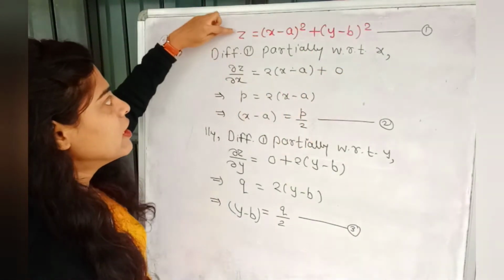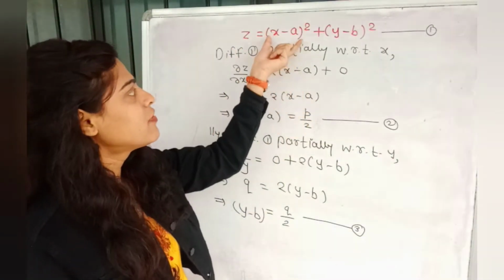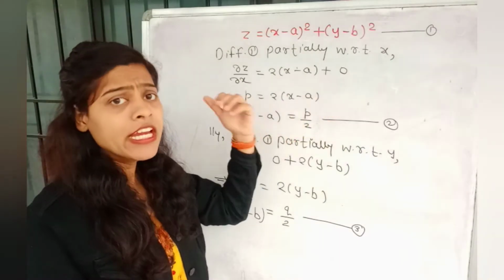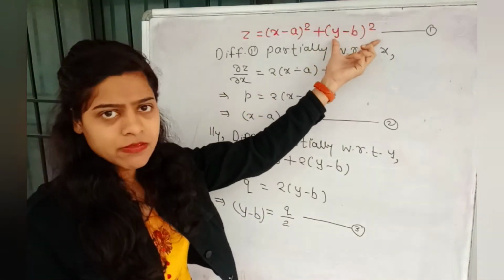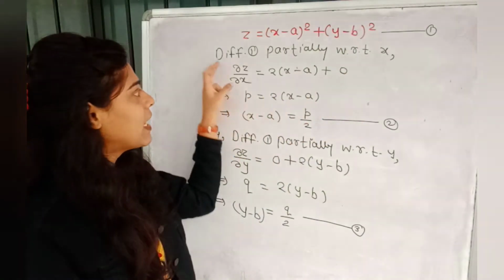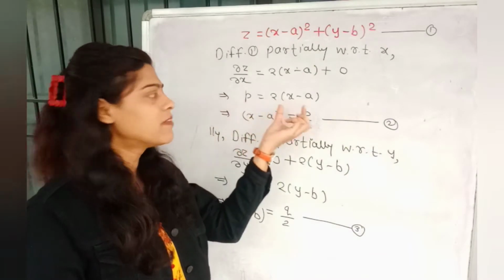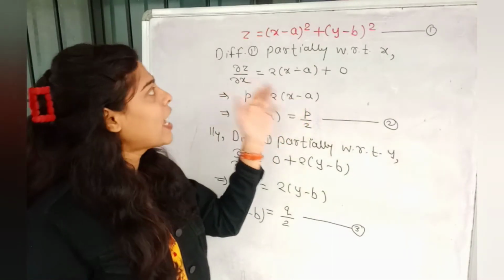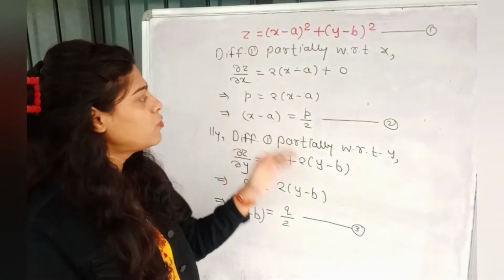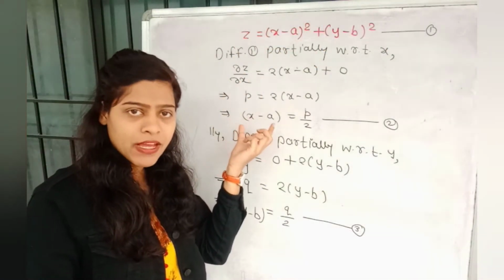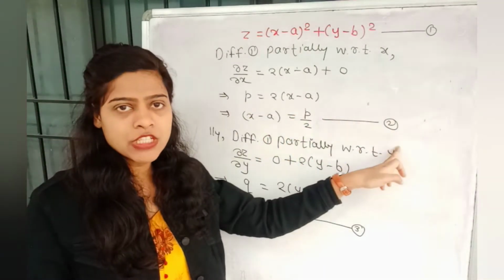Then dou z by dou x is equal to 2 into (x minus a) into 1 plus 0. The standard notation of dou z by dou x is small p, so p is equal to 2(x minus a). Hence x minus a is equal to p by 2. We denote this as equation number 2.